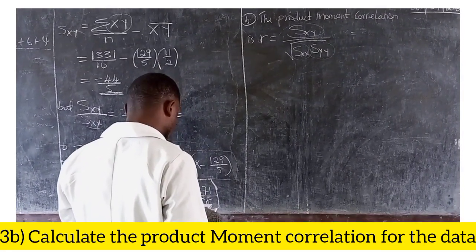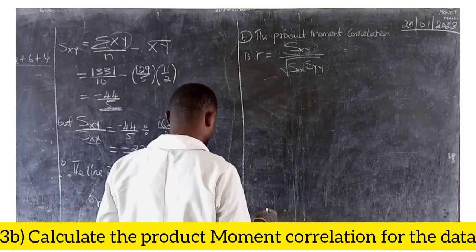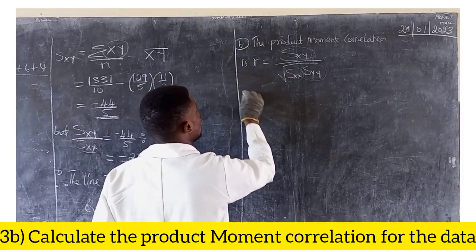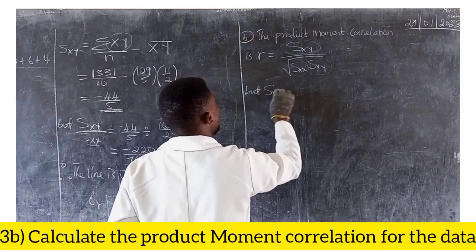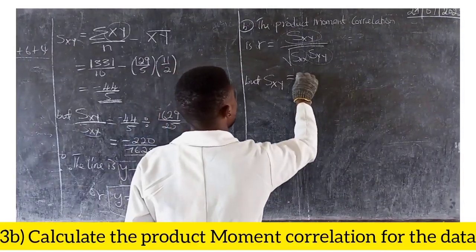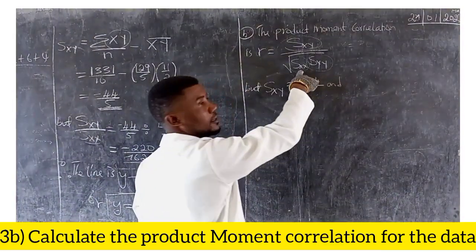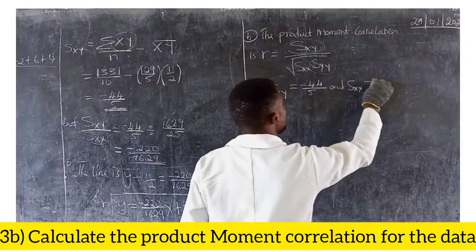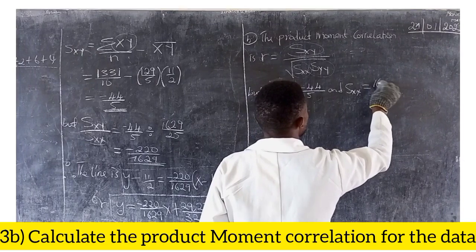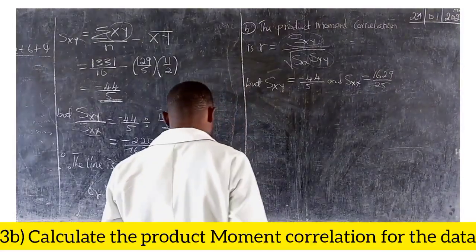To do so, we have that the covariance of x and y is equal to negative 4 on 5, and the variance of x we found already, it was 1629 divided by 25.